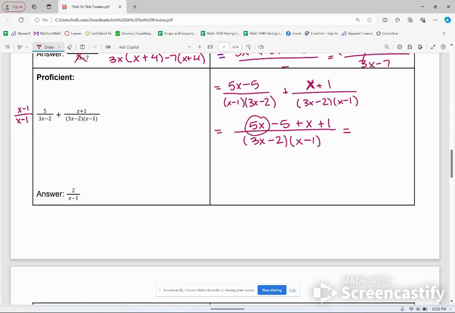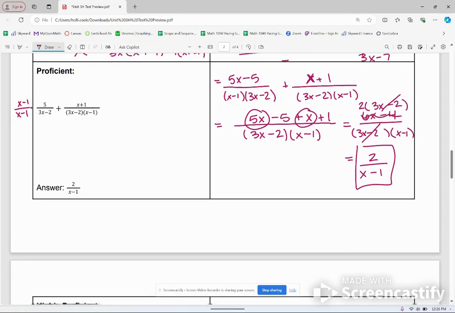If we combine, 5x plus x is 6x, and negative 5 plus 1 is minus 4 over the denominator. Now on the top, we can pull a 2 out, and we would be left with 3x minus 2. So again, this one we can cancel, and we get 2 over x minus 1 as our answer.